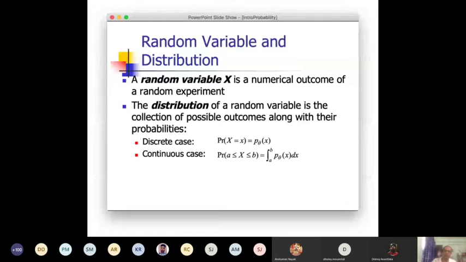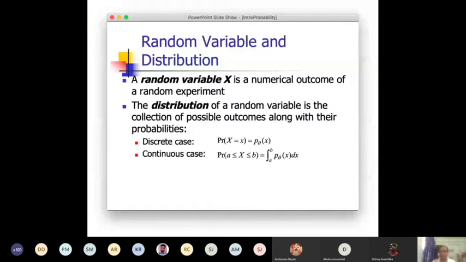So these are the two ways the probability distribution of a random variable is denoted. One is the probability values at each possible discrete value when it's a discrete case, so it's a probability mass function. And the other one is a probability density function, which gives you the density at a point x.